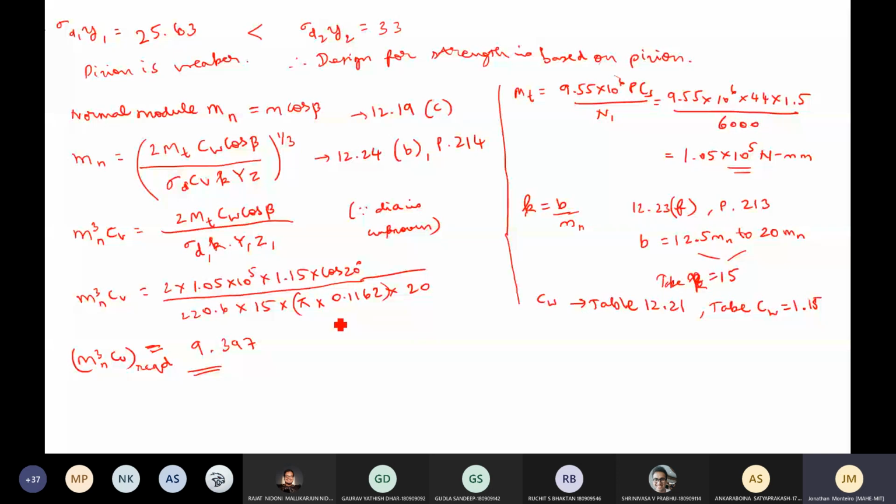Others can also confirm. Is that Z Z1 or ZE? That is Z1 directly, the direct number of teeth.